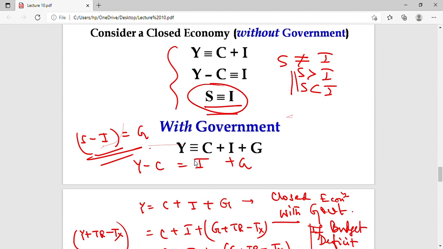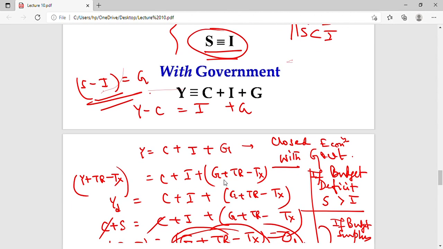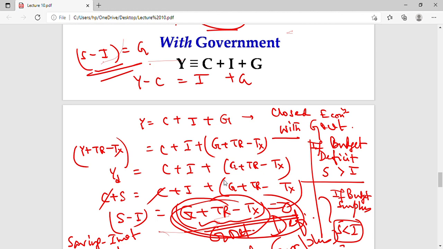With government, it will be Y minus C equals I plus G. So if we add transfer payments and taxes, we get Y plus TR minus TX. So this is our personal disposable income.